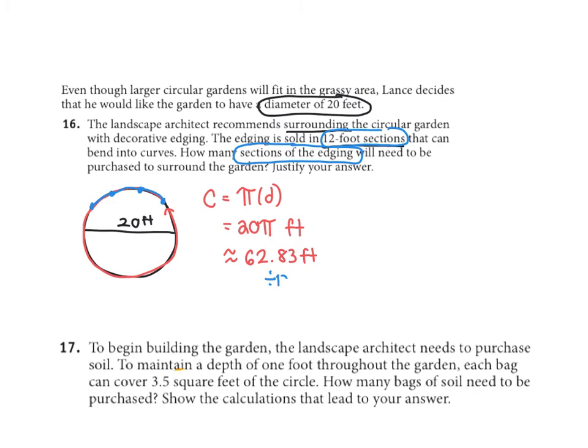If I divide by 12, I'm going to get approximately 5.24 sections. Unfortunately, you can't walk into Menards and ask for part of a section, so we're going to have to round that up to 6 sections of fencing, and we're just going to have a little bit extra when we're done.